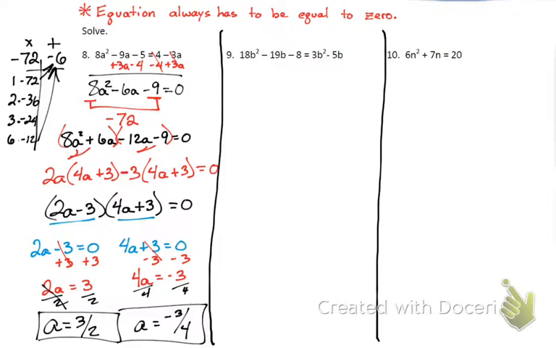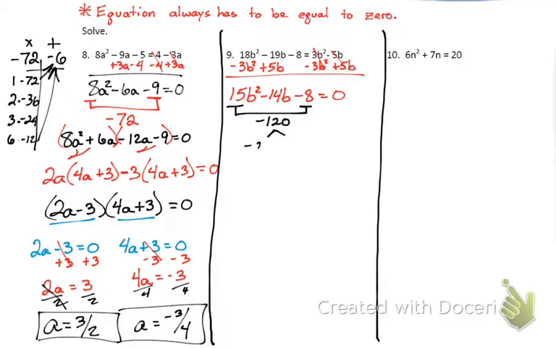So for number 9 here, the first thing to do was to make this equation equal to 0. We did that by subtracting the things that were on the right side to give us an equation equal to 0. At that point, we multiplied our a times our c and factored it to make negative 14.